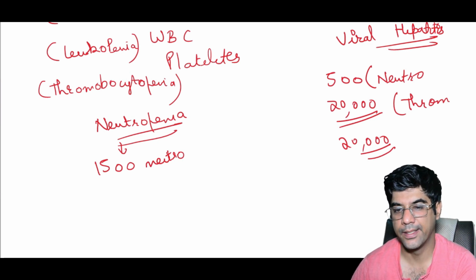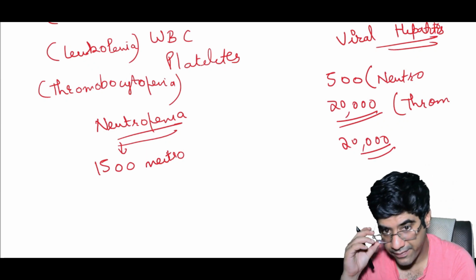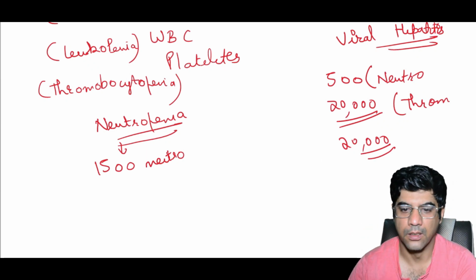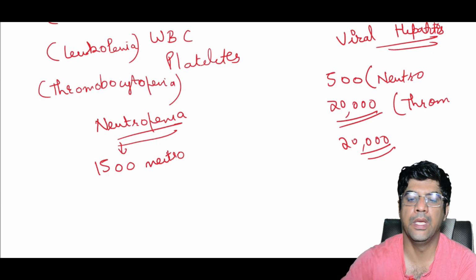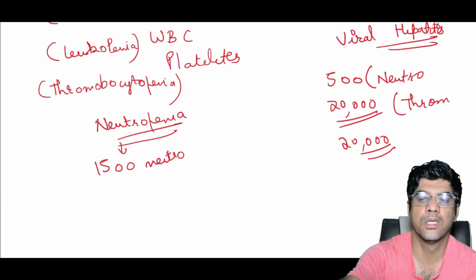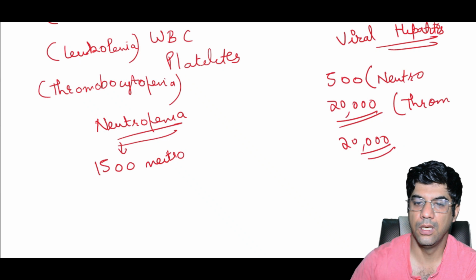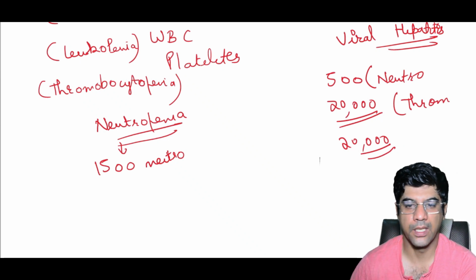However, it can be acquired later in life, from bone marrow diseases like leukemia, metabolic diseases like Gaucher disease, drugs, chemotherapeutic agents, and antibiotics.